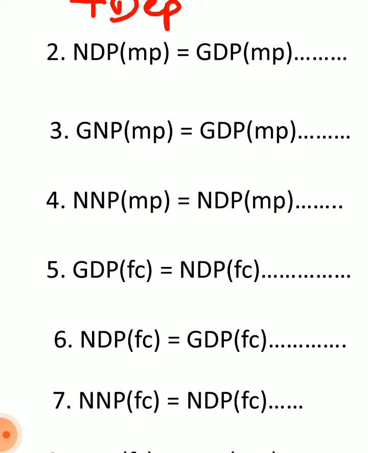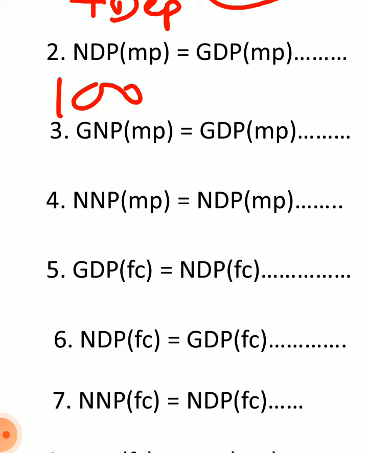So there will be values, like you will be given the value of NDP-MP, suppose 100. And if you are asked to convert NDP-MP into GDP-MP, how will you convert? The value is given as 100, and the value of depreciation will be given, so you have to use depreciation for that.